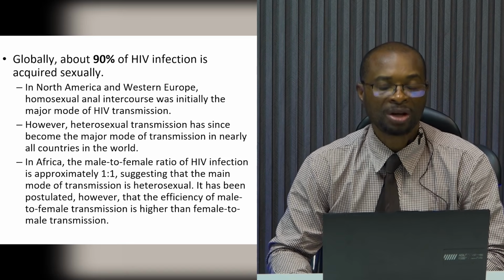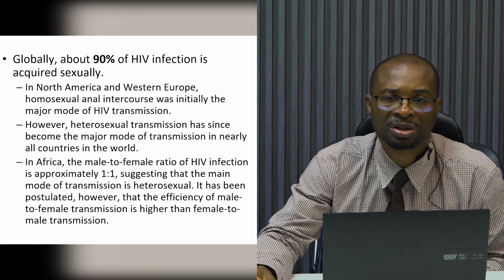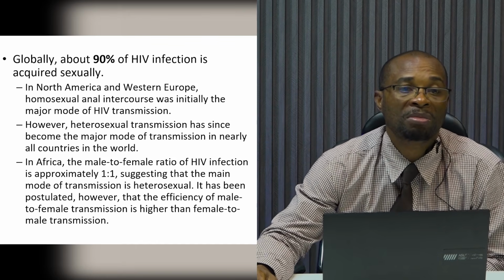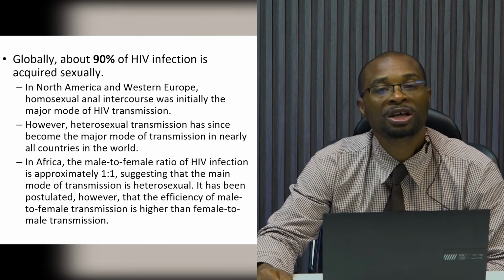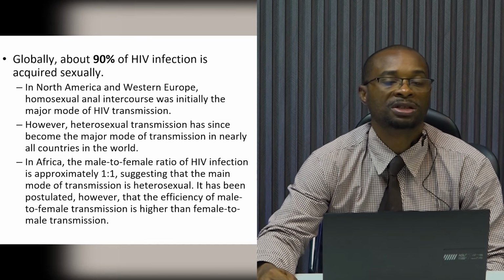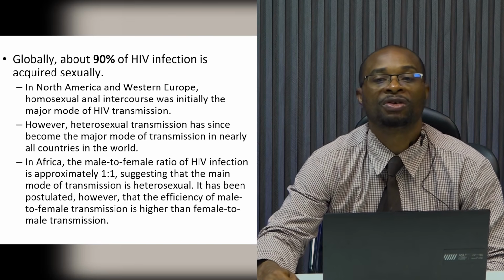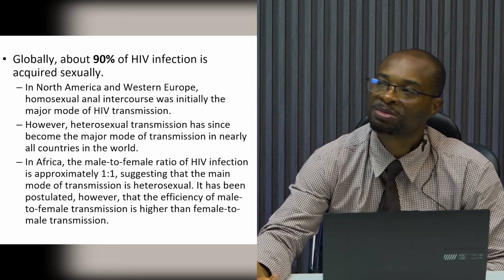In Africa, the male to female ratio of HIV is approximately 1:1, suggesting that the main mode of transmission in Africa is heterosexual. So it has been postulated that the efficiency of the male to female transmission is higher than for female to male transmission.